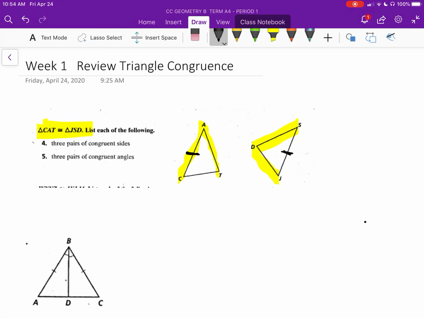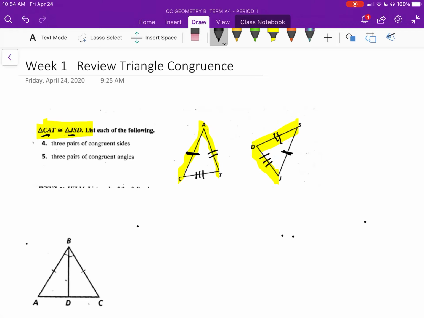Okay, because that's the first two letters here and the first two letters here. Side AT, put 2 marks on that, goes with side SD because that's the next 2 letters. And then the only sides that are left are CT and DJ.